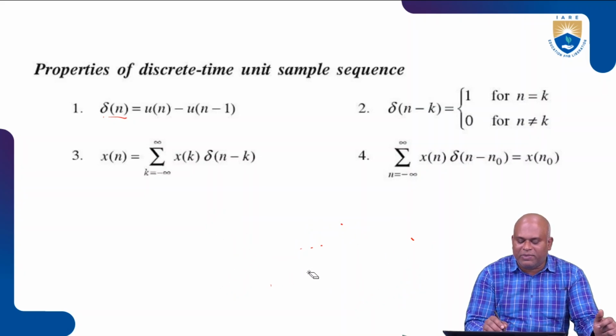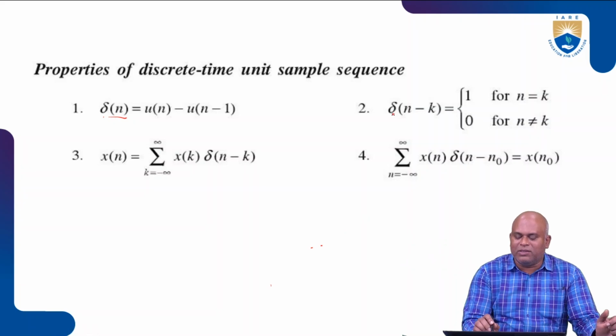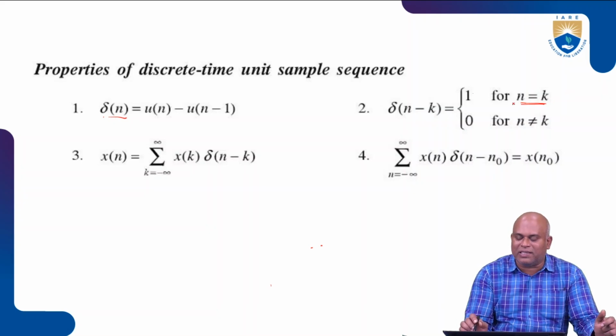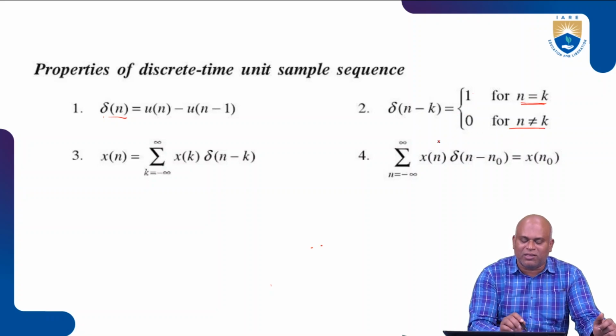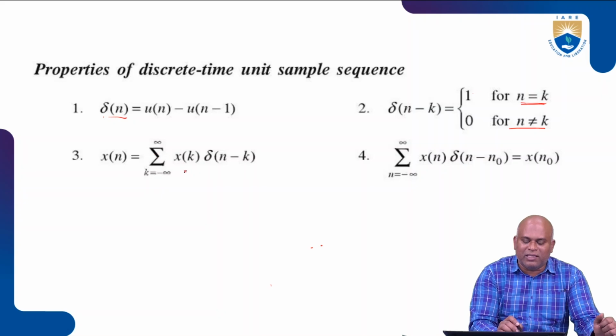You can shift it for any positive integer, and that portion only we get as 1. So the shifted version δ[n - k] is equal to 1 when n equal to k; where the n is present, the signal is represented. All the remaining portion, n not equal to k, is represented as 0. This is also going to satisfy the convolution statement: x[n] is equal to the summation from k equal to minus infinity to plus infinity of x[k] δ[n - k].